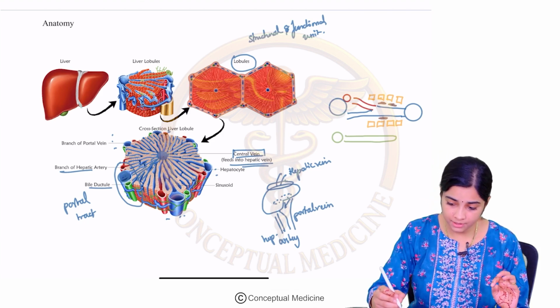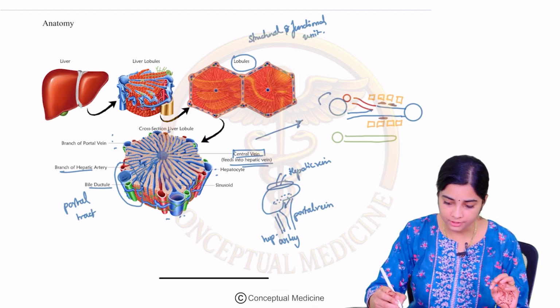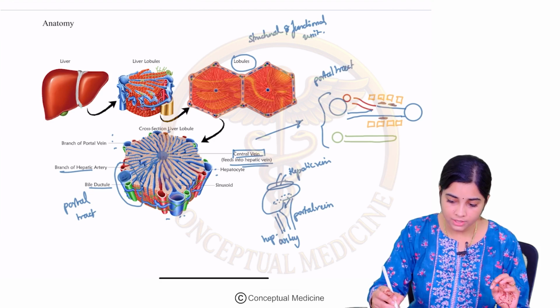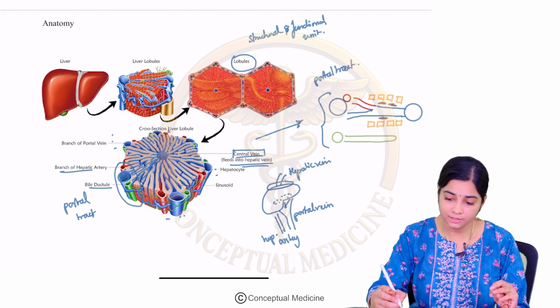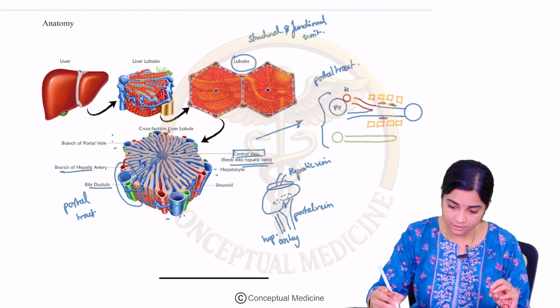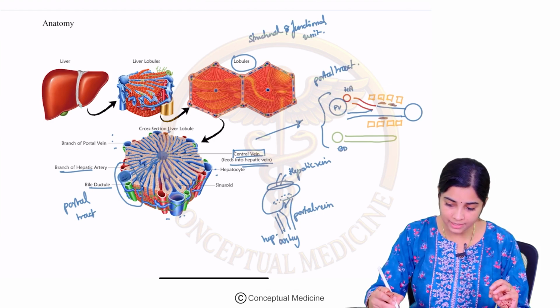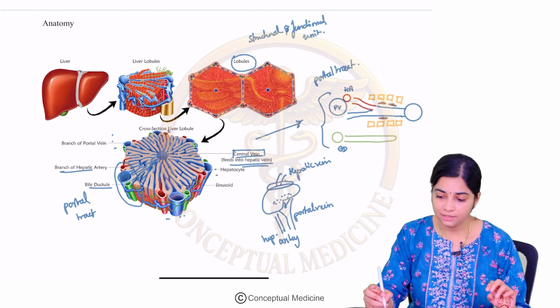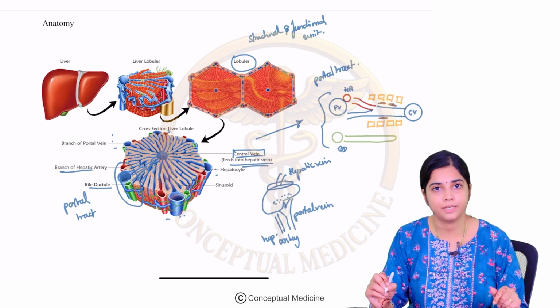If you enlarge it further, here we have the portal tract. What does the portal tract comprise? It comprises the portal vein, the hepatic artery and the bile ductule. All of these drain through channels and connect to the central vein.